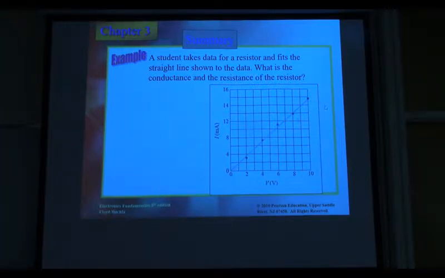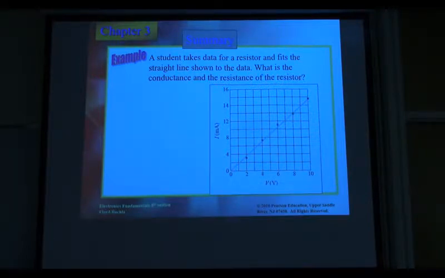What we want is, from this line, the best fit line, we want to know the conductance and the resistance of this resistor. You can see these dots are not really on the best fit line, because when you take the measurement, you have some errors. That's for sure.